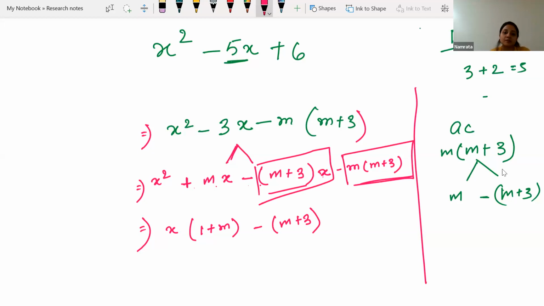Can you see m plus 3 is common? Yes, ma'am. And what will be the leftover terms when we take it as a common factor? The left term from here will be only x, minus we have already taken as a common factor, and the left term from here will be, wait, x we have taken or not? x will be here and m will be there, plus m.